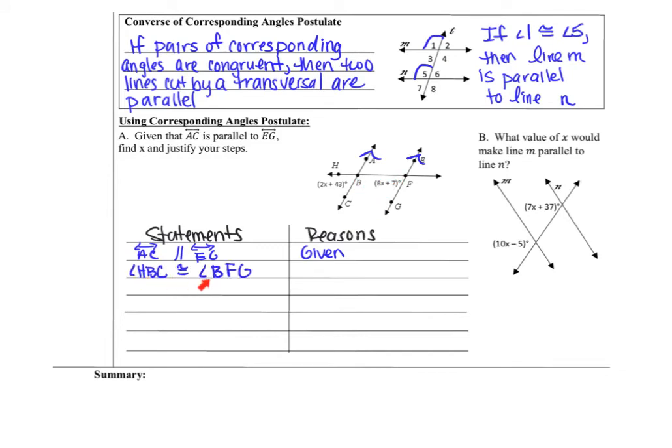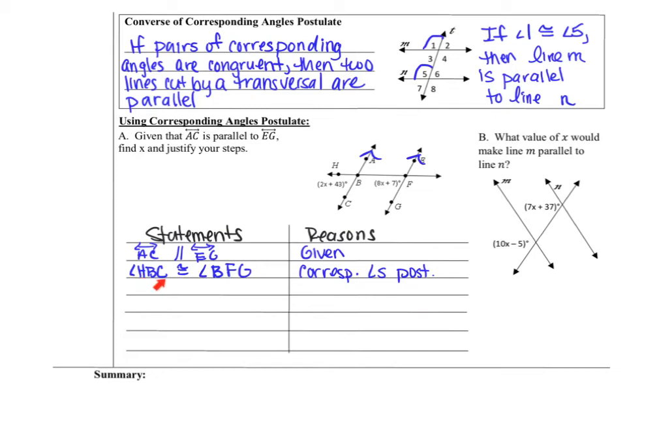I know that these two angles are congruent because if these are parallel lines and they're cut by a transversal, then this angle is corresponding to this angle because they're on the same side of the transversal in the same position. So your reason would be corresponding angles postulate. And we can abbreviate corresponding this way, angle sign with the angle sign and an S, and then postulate you can abbreviate with POST.